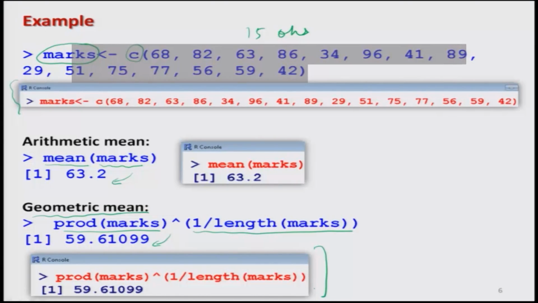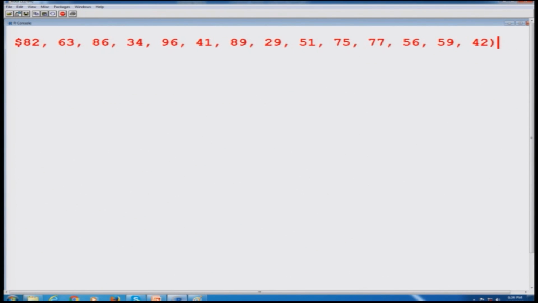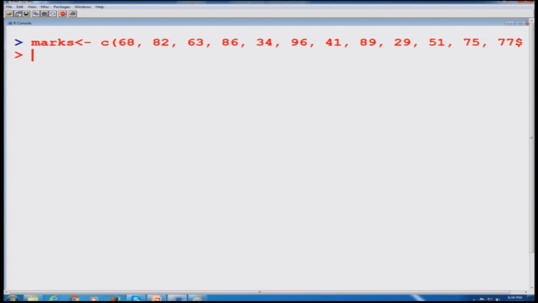So, first let me create the data vector, and you can see here this is marks.